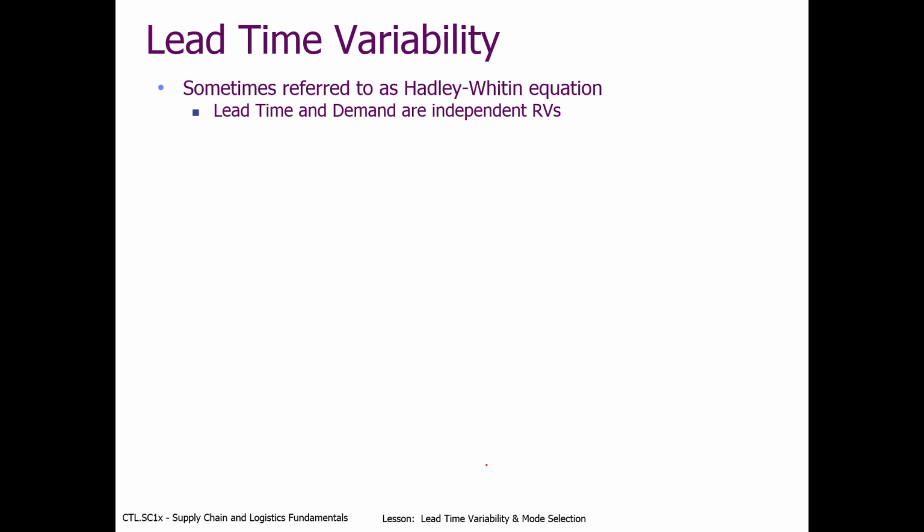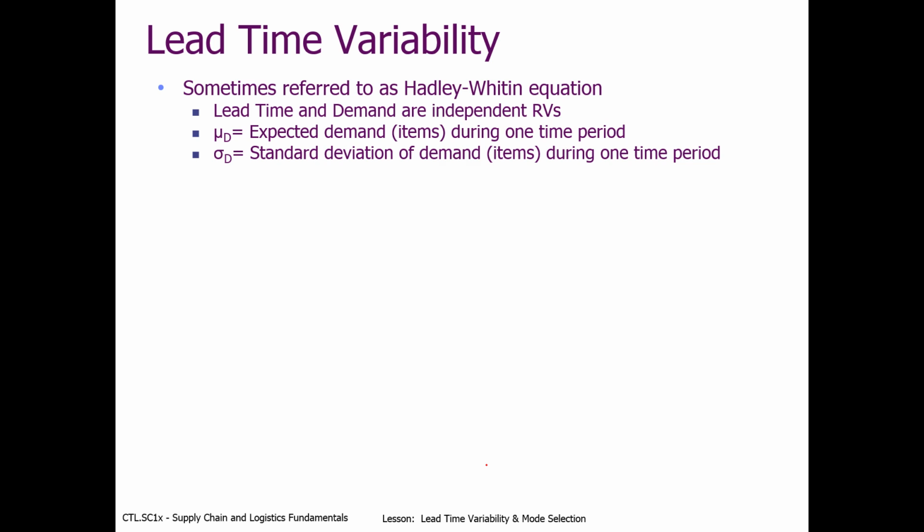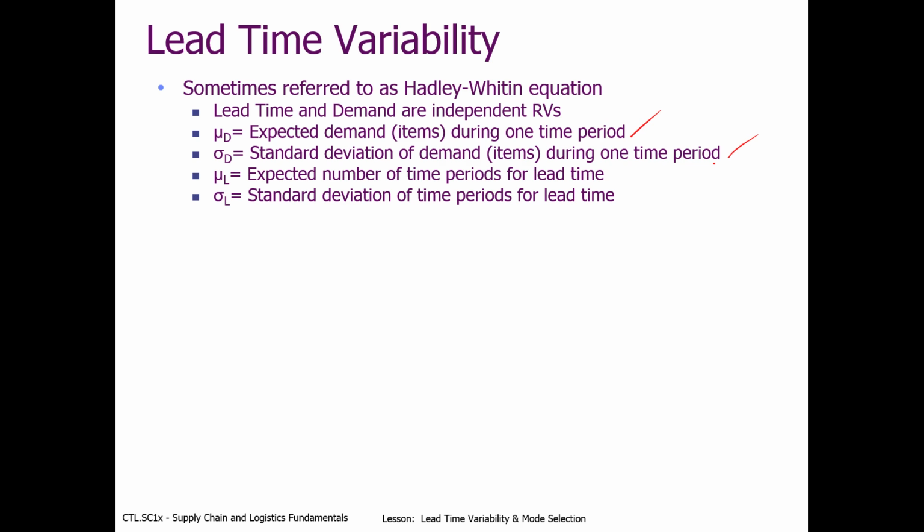Some of the assumptions: we assume that lead time and demand are independent random variables. And for definitions, we're going to use these terms. Mu d is the expected demand in items during one time period, whatever that time period is, days, weeks, months, whatever. Sigma d is the standard deviation of demand during one of those time periods. Then we're going to have the lead time.